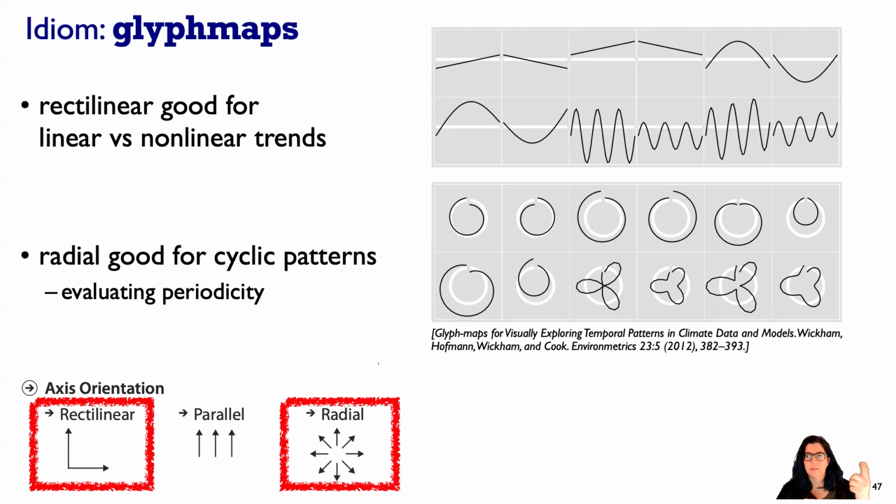Notice how to see what's linear versus nonlinear is completely obvious in the charts on the top, just trivially obvious. It's not so easy to see in the charts on the bottom. It's actually kind of subtle. You'd have to think about what it means. But notice how figuring out if that periodic pattern with those three lobes comes a little bit before, a little bit after, matching up almost completely, is great in that radial chart in a way that's really hard to understand with the rectilinear chart above.